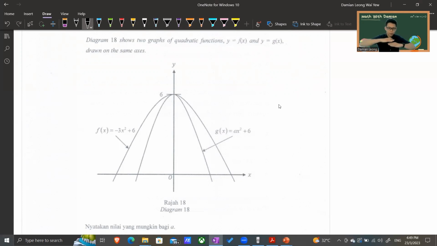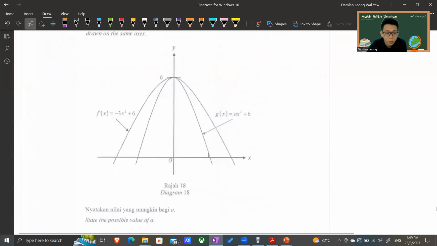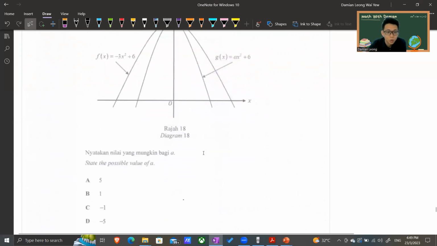Because when your magnitude is higher, it basically stretches up and down. So it becomes more narrow, tall and thin. Whereas when your magnitude decreases, it becomes shorter and fatter. So it becomes wider. So this more narrow means magnitude should be higher, but it should still be negative. So answer would be D.